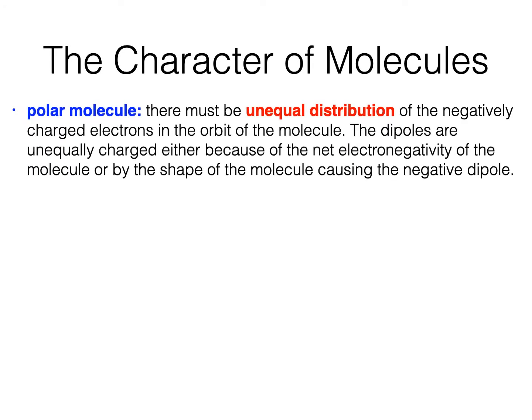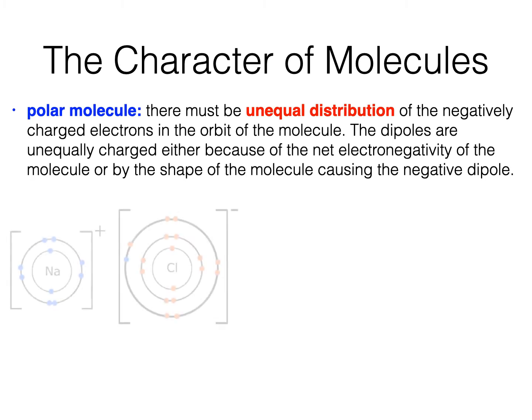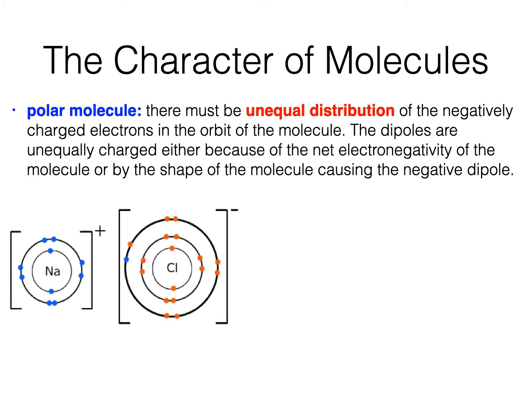On the other hand, some molecules would be characterized as being polar. In a polar molecule, there is going to be an unequal distribution, and that is either going to arise because there's been an exchange of electrons, like in this ionic molecule here, sodium chloride.